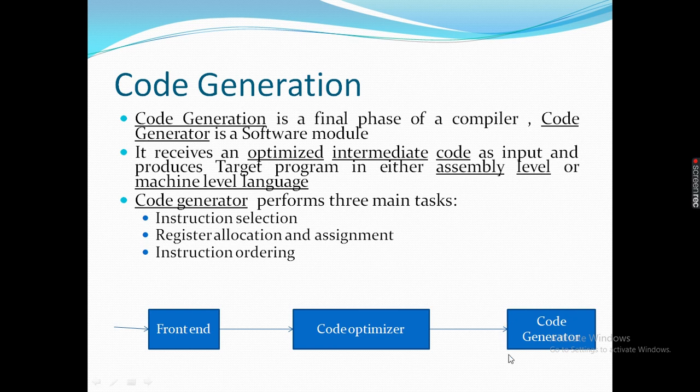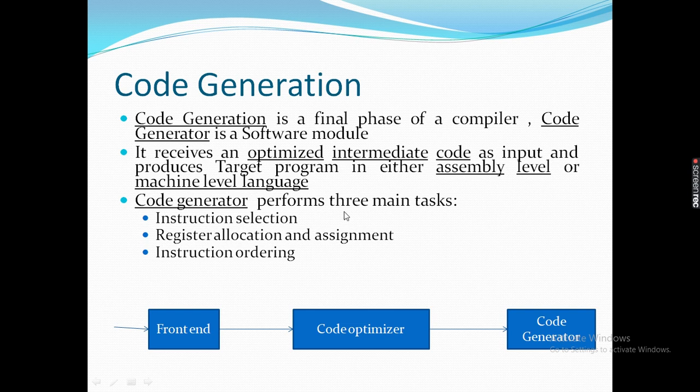So what does the code generator do? Code generator takes optimized intermediate code as input and produces target program in either assembly level or machine level language.